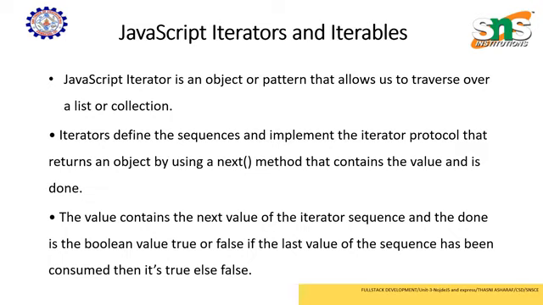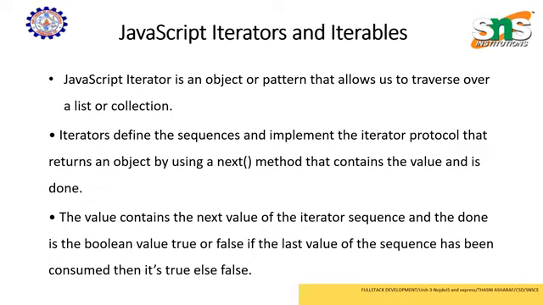An iterator is an object or a pattern that allows us to traverse over a list or collection. It defines the sequence and implements the iterator protocol that returns an object by using a next method that contains value and done.